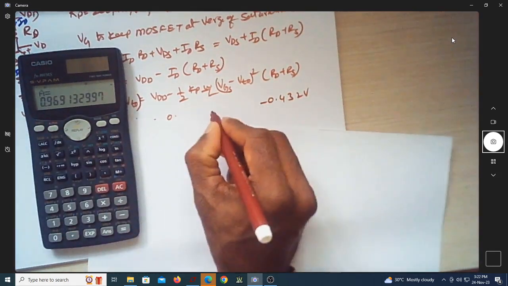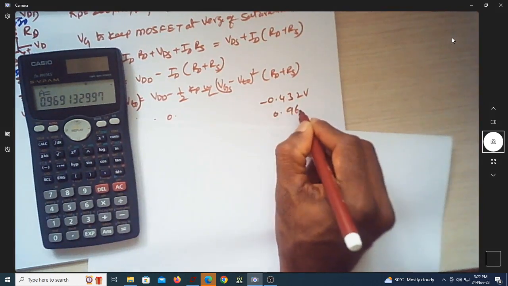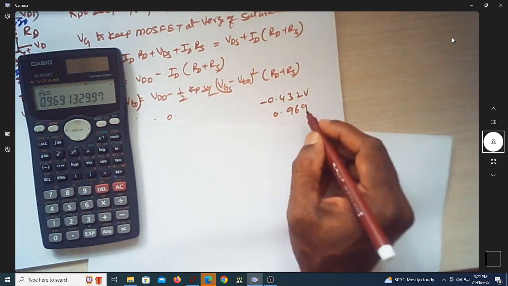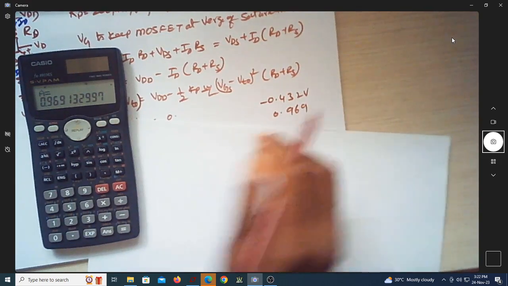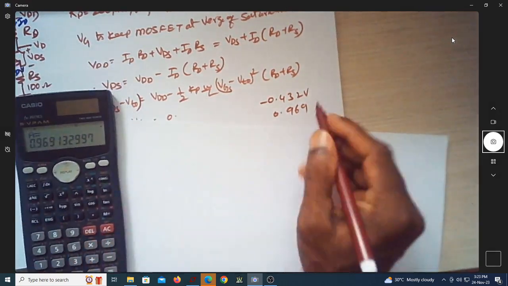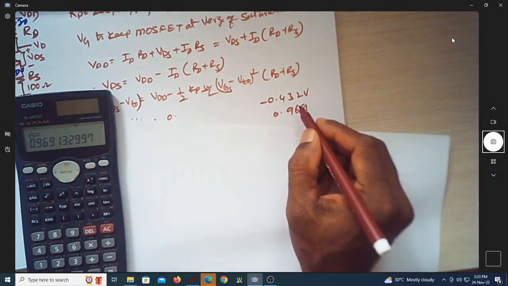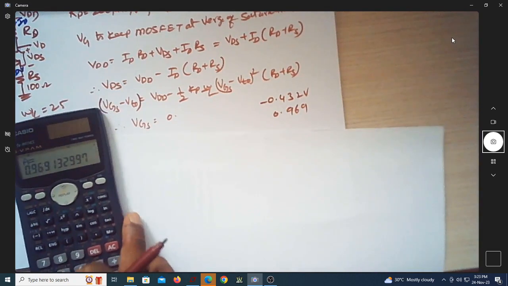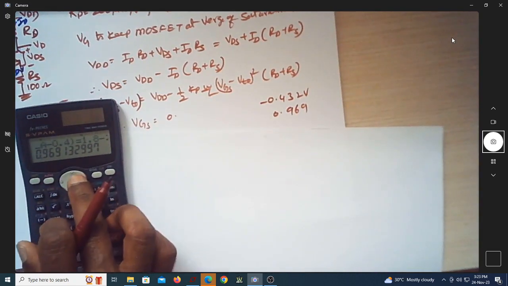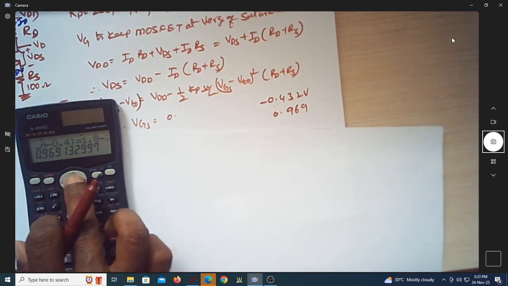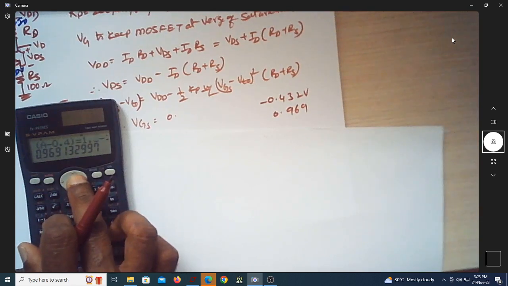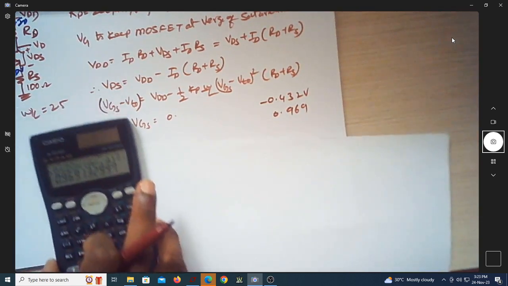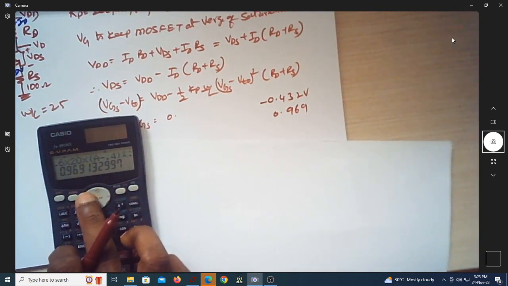So the other value is 0.969. So this is the other voltage. Oh sorry, here this should be 25.